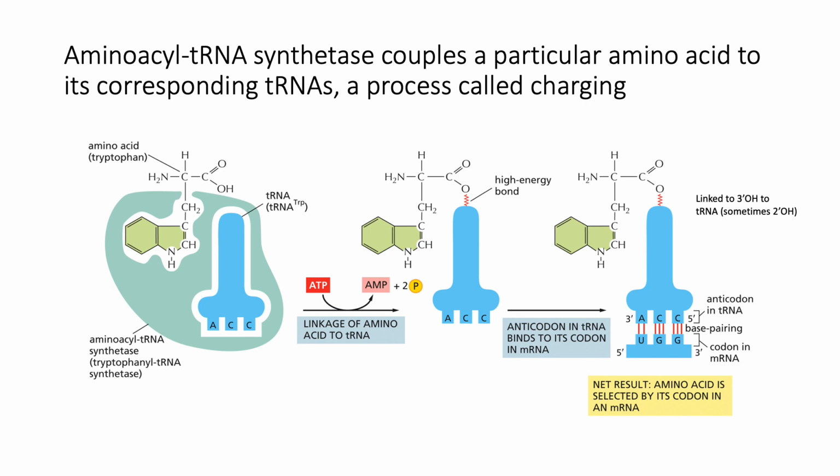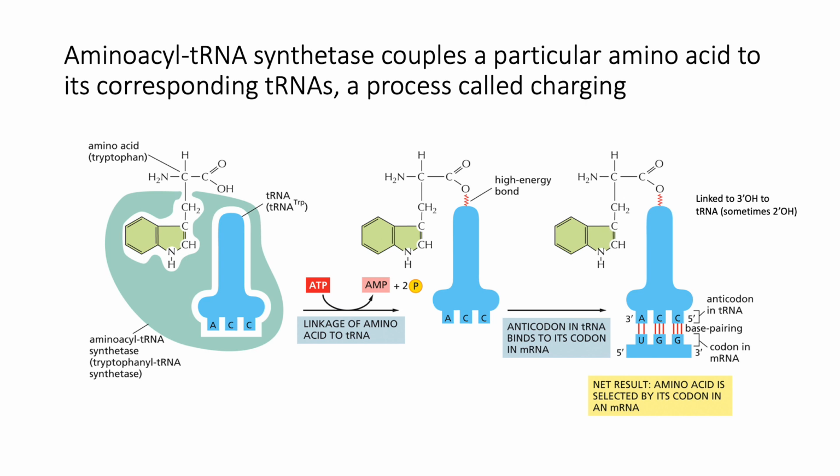Just in a very simple way of showing this, the aminoacyl tRNA synthetase is an enzyme. Here we're looking at one that does tryptophan. So there's two binding sites on this enzyme, one for the transfer RNA and one for the amino acid, and then there's an enzymatic activity that then links them. So here it shows the binding site.